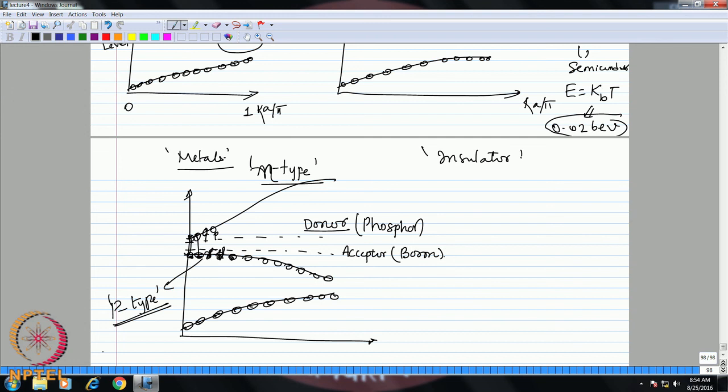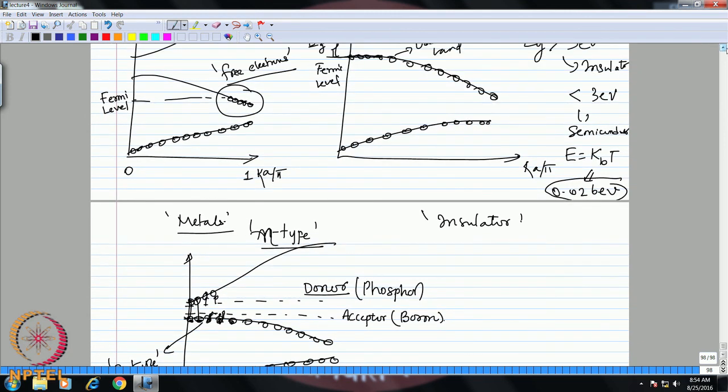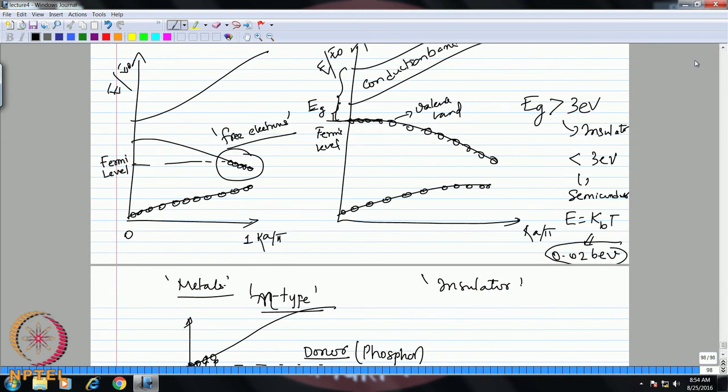To give you an overview, depending on the way the energy levels are filled, and depending on this forbidden region gap, this will decide what kind of material it will be, whether it is a metal, insulator or semiconductor.